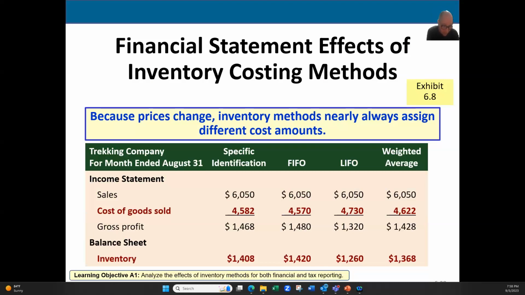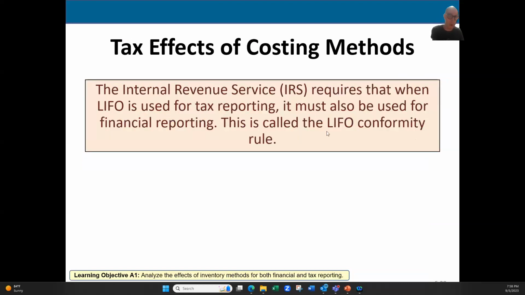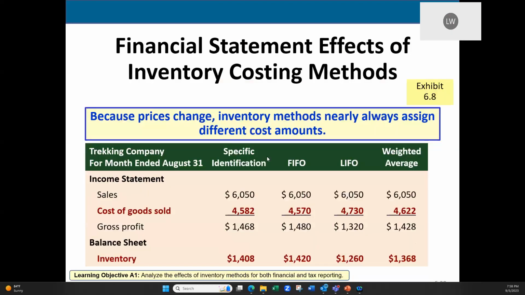Again, thinking about what's the best method to select? It depends on what the ultimate goal of the company is. Do they want to show a higher gross profit, or do they want to have lower taxable income? It depends. So with FIFO, you would have a higher net income, and a lower one using LIFO.